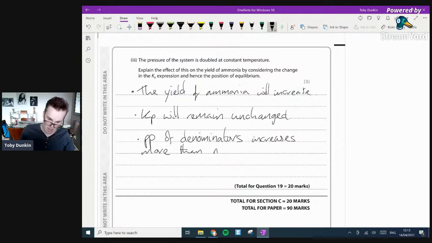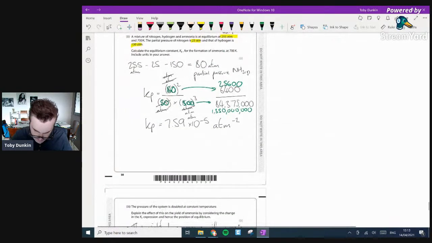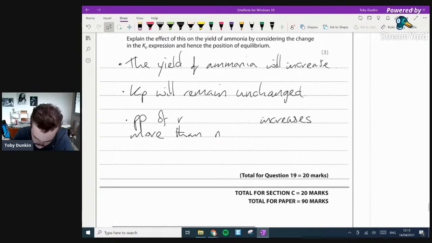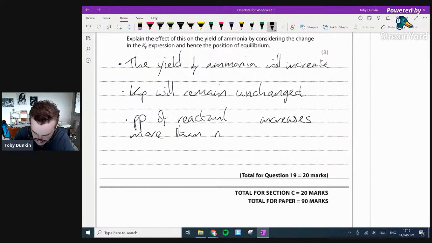I don't like all that. Partial pressure of the reactants, it's better. Partial pressure of the reactants increases more than partial pressure of products.